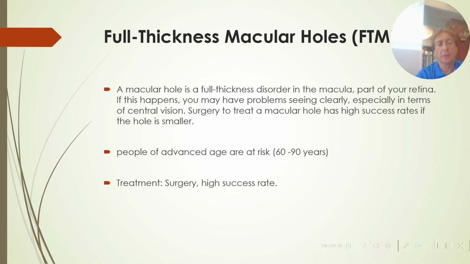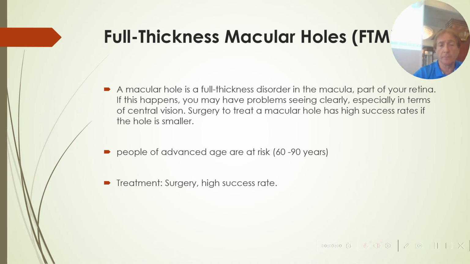Mostly people between 60 and 90 years are at risk with this disease. But the good news is that by a surgery, it is possible to repair this, and it has a high success rate.